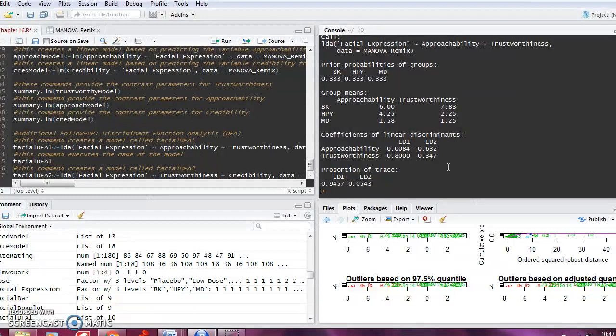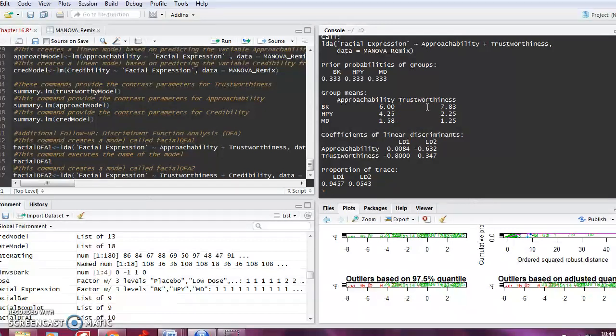They show you their contribution to that variate. So in essence, this is how much each variable contributes to the variate.